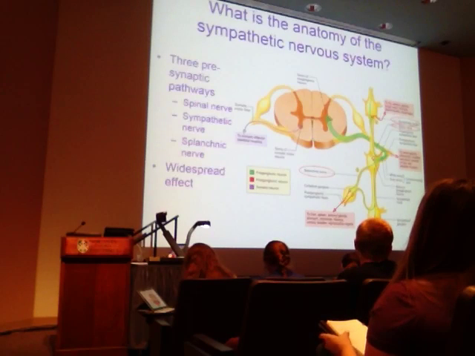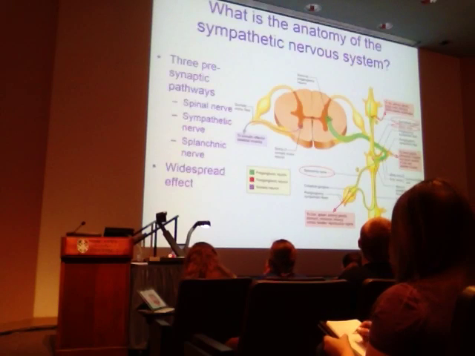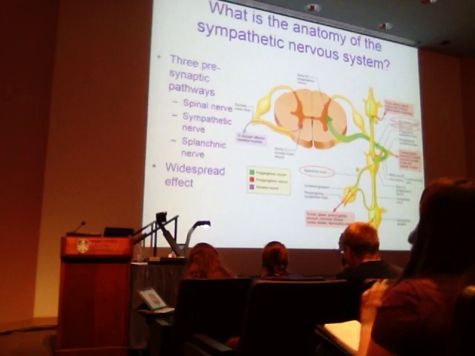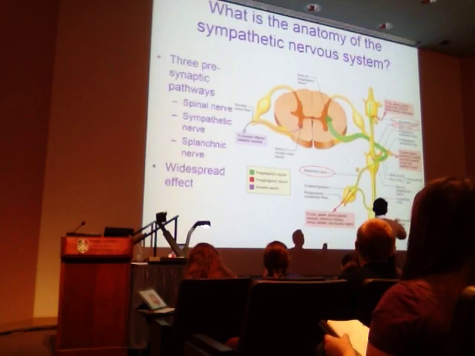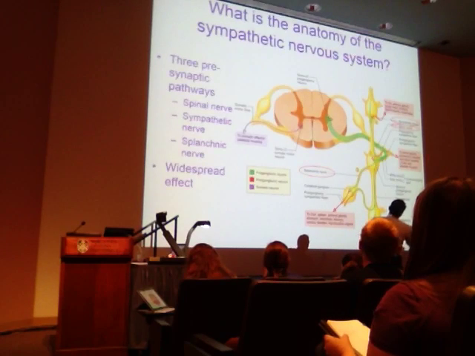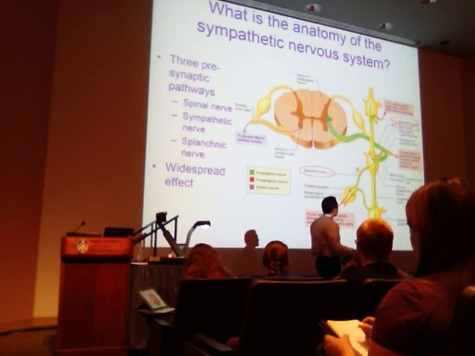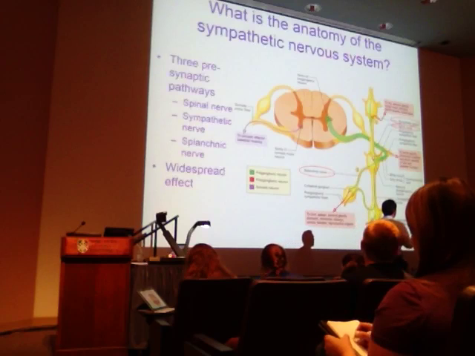Okay, so for example, if we look at the sympathetic nerve, this is going to send things basically in an upwards fashion to the iris, the salivary glands, lungs, heart, thoracic blood vessels. If we look at the next one, the spinal nerve, this one actually comes out towards sweat glands, the skin, blood vessels, and skeletal muscles.